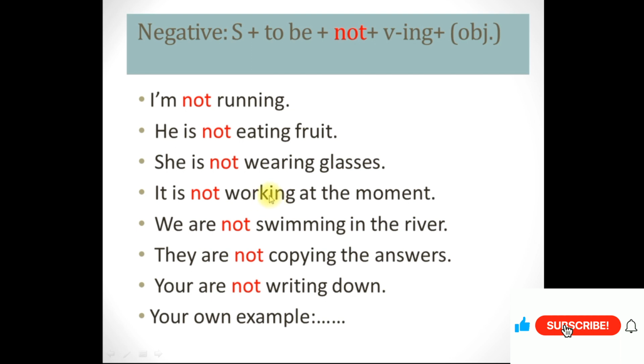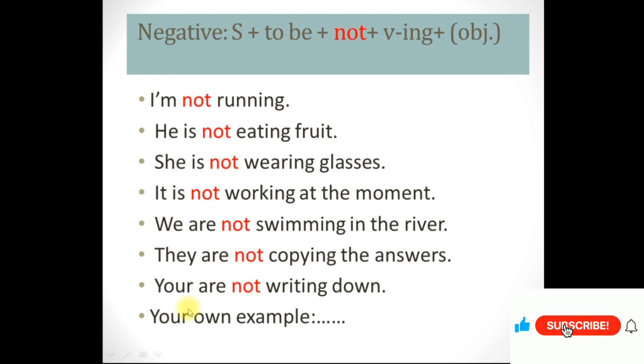Another example, we are not swimming in the river. They are not copying the answers. You are not writing down. It's the same, right? Just add not between the verb to be and the verb ing.